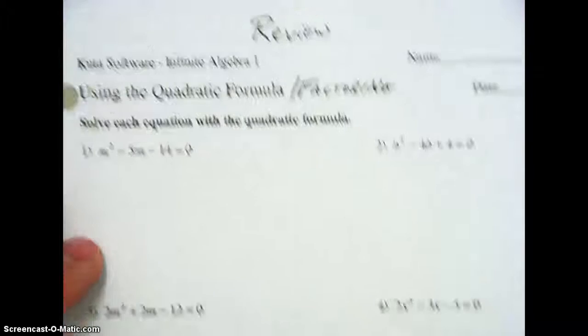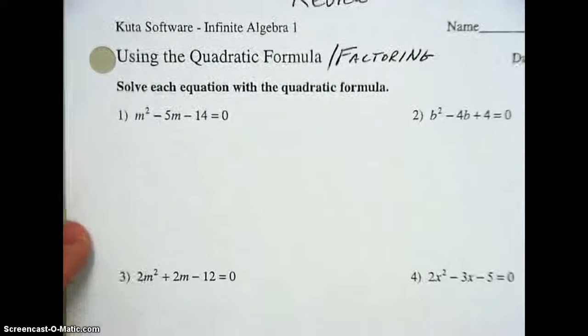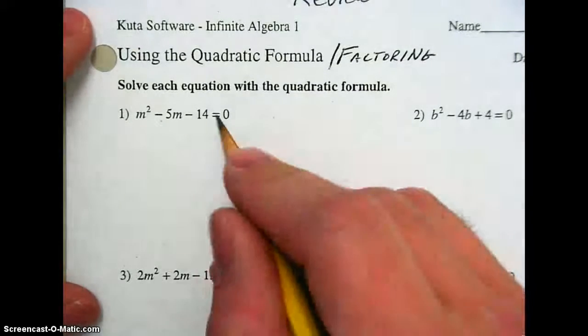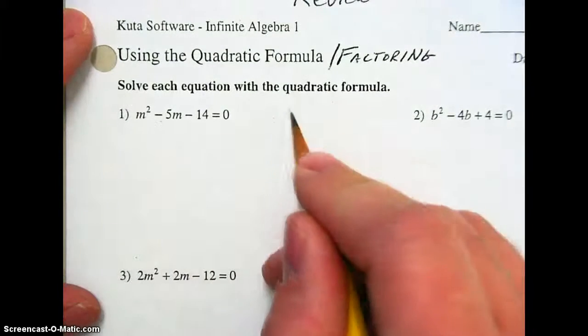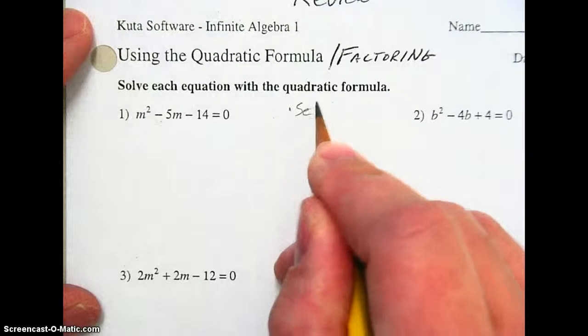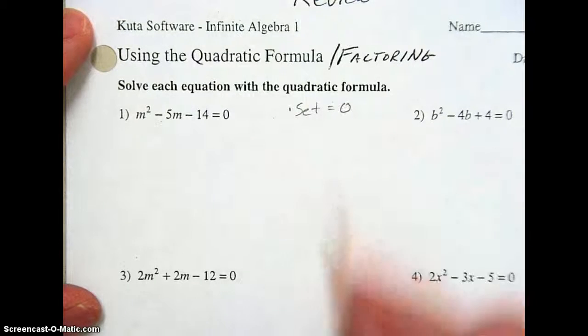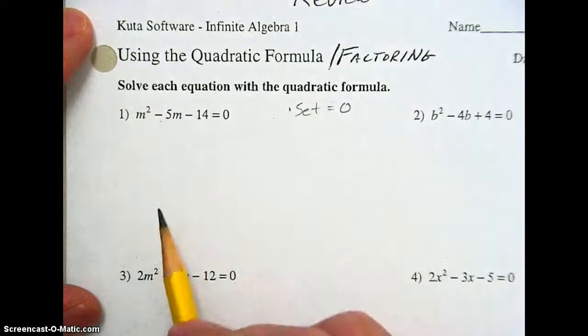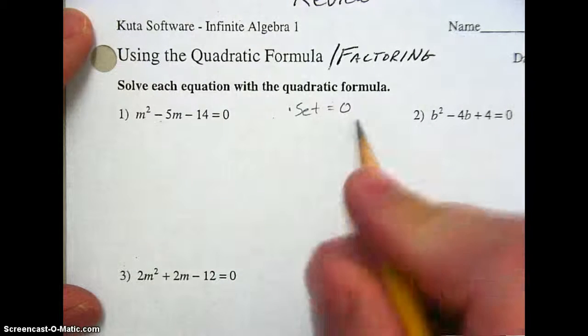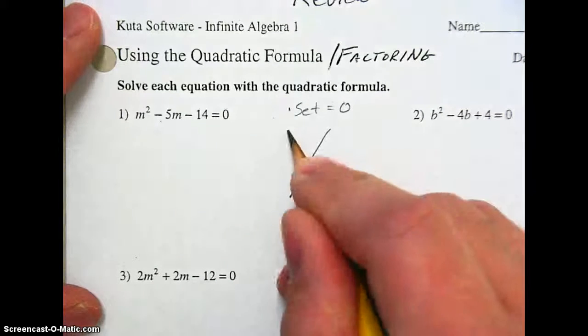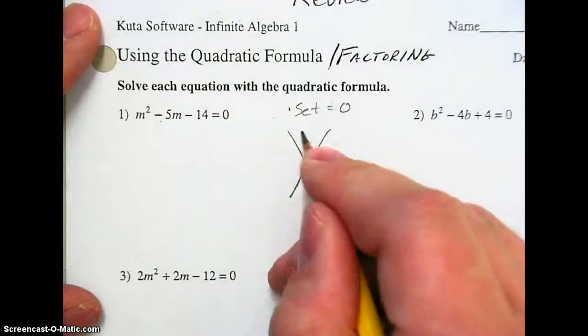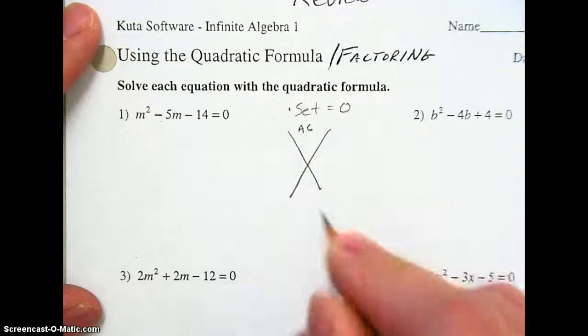So taking a look at this sheet right here, we're going to go back and review factoring real quick. So remember, the first step, set it equal to 0, which we've got here. Second step, remember using Lizzie's method with a diamond here? We did A times C. What do we do down here?